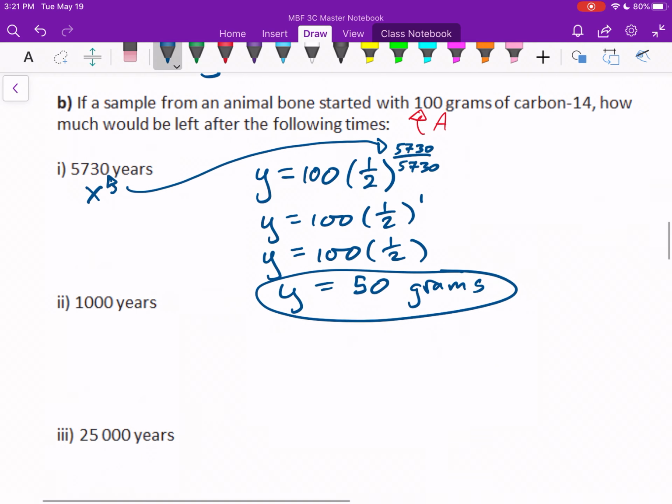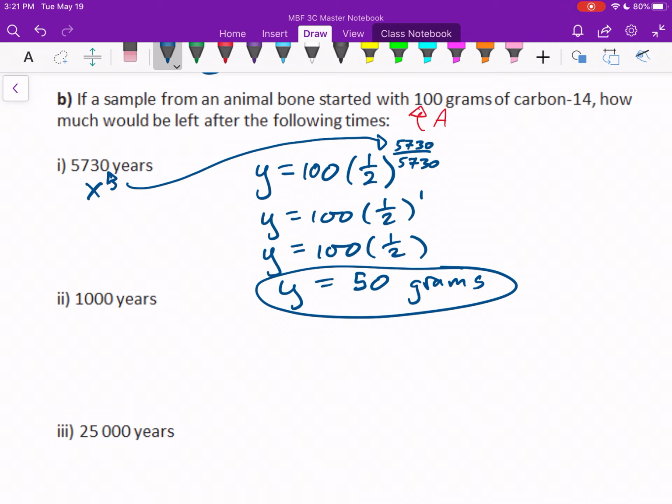Let's try some different numbers though. 1,000 years, so this is about 1/6 of the time of the previous example. So x is going to equal this now. We're going to have 100 times 1/2, but instead of 5,730 on top, we'll have 1,000 on top. Remember, this is all exponent here.